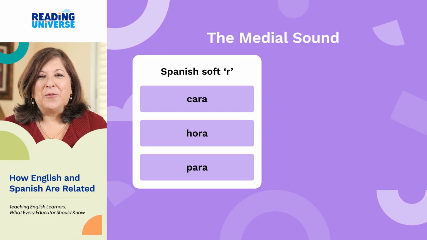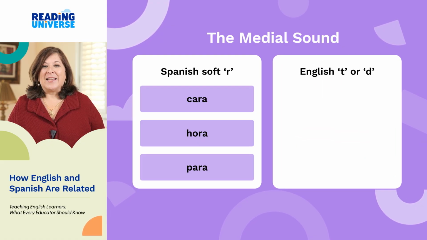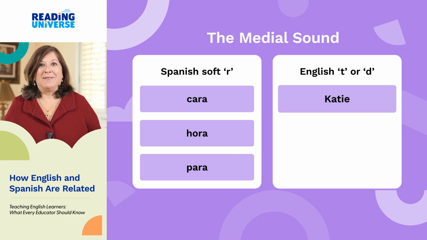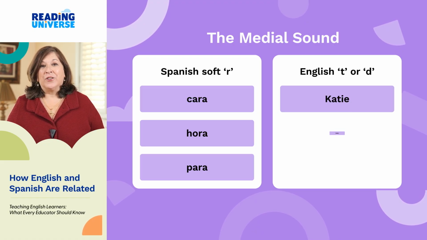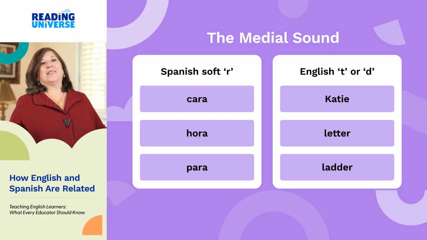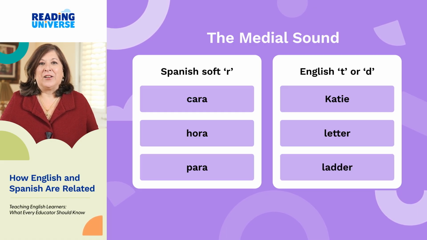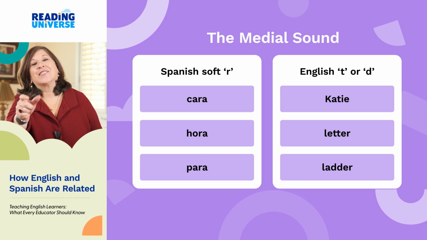And it actually represents the medial sound. We call it a flap sound. The medial T, like in the word Katie, my niece is Katie, right? Or in a word like letter or ladder, that medial T and D. When a student writes L-E-R-E-R for letter, I say, good for you. Why? Because you got the sound.